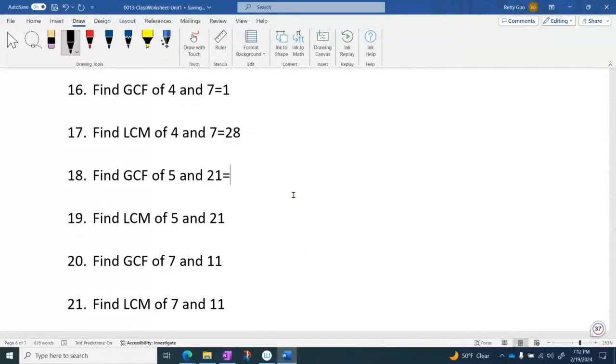What's the GCF of 5 and 21? 5 is prime. 21 is 3 times 7. Are they coprime? If they are coprime, what's the GCF? What's the LCM? Yeah, what's the GCF? 1. What's the LCM of 5 and 21? 5 and 21 are coprime.